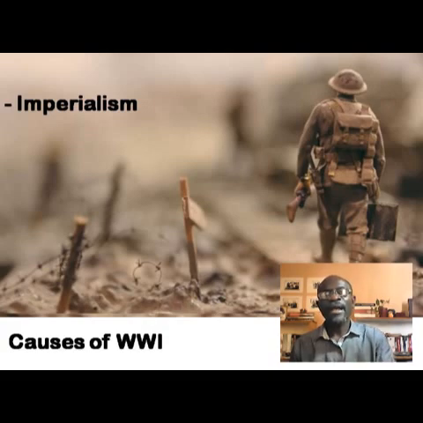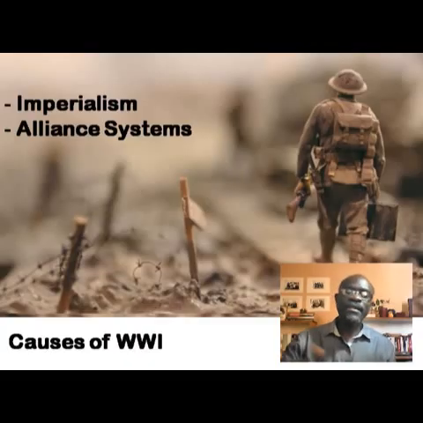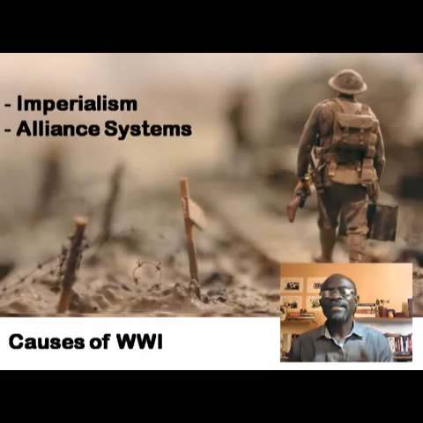And another very important cause of the First World War was the alliance systems. And we remember in the past module, which we studied, the alliance system that was created by Prince Otto von Bismarck in his attempt to isolate France.